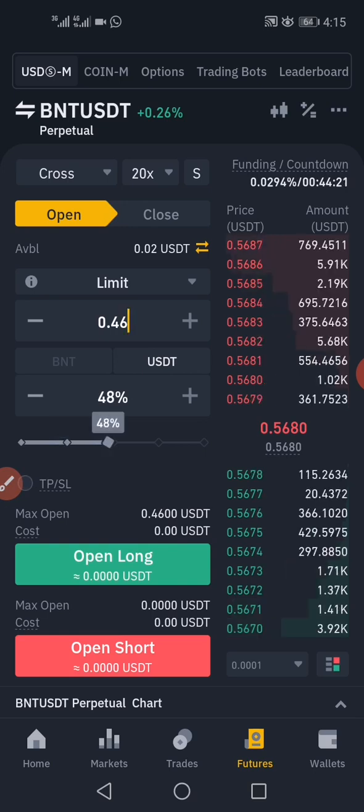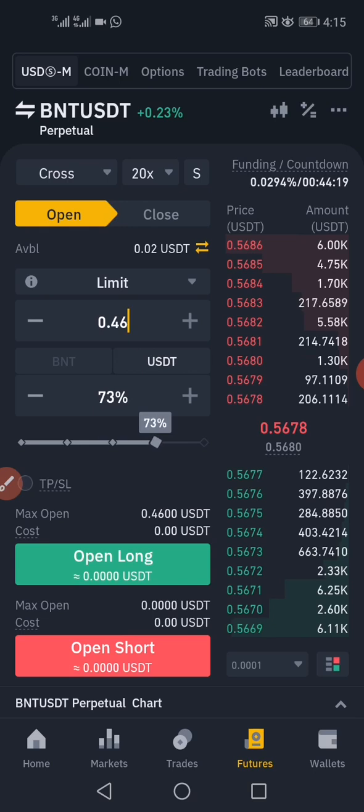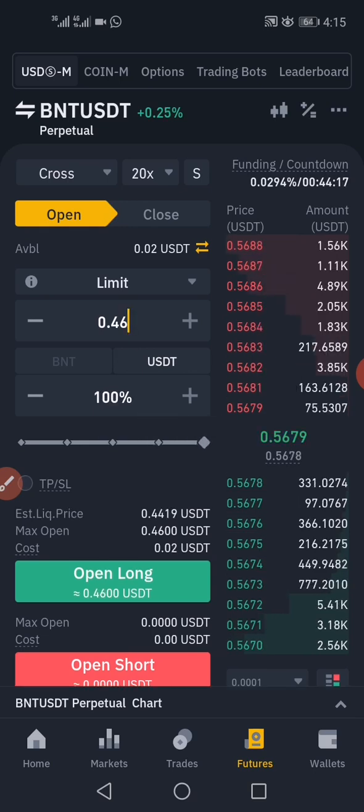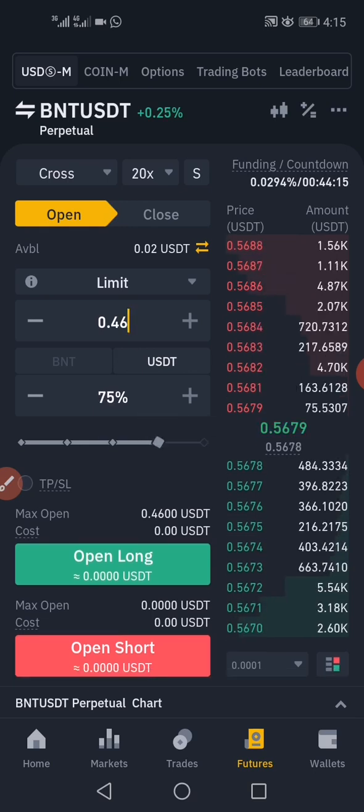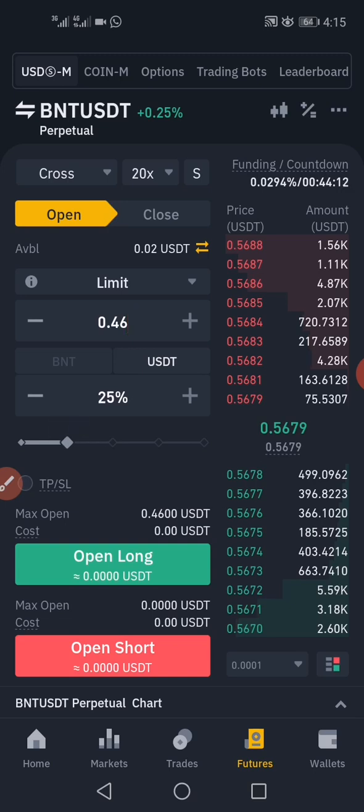If I drag it here, I'm using 50%. Here, 75%. Here, I'm using all 100%. So you can see each percentage of your money. It's not advisable when you are trading futures to use all your capital. Go with part of your capital. Most especially, we do recommend 5 to 10% to start with.